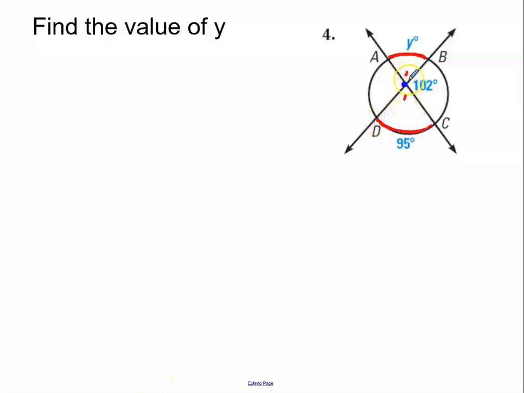Again, these angles would be the same because they're vertical angles, but I'm not given that. So I need to first find that. Fortunately, we have this angle over here, and you can see that these two angles form a linear pair, a straight line. So 180 degrees, this angle has to be 78.